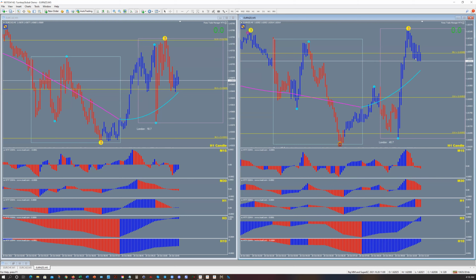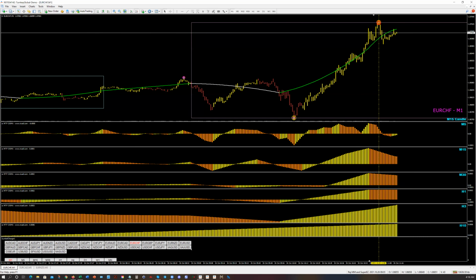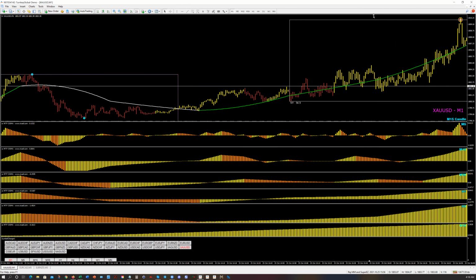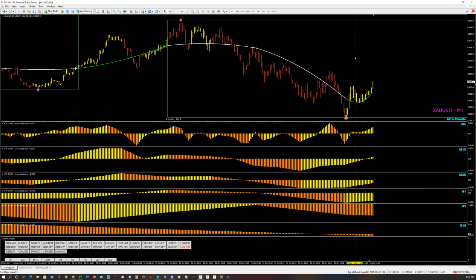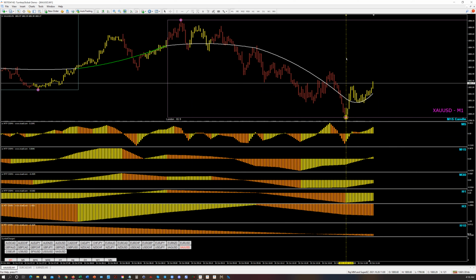Correct? Yes. I've gone over the 4-hour simply by going, if you take gold, for example, everybody loves to trade gold. Here's your 4-hour. Here's your yellow ball. It's already blue here.